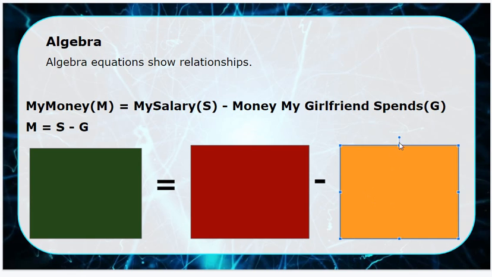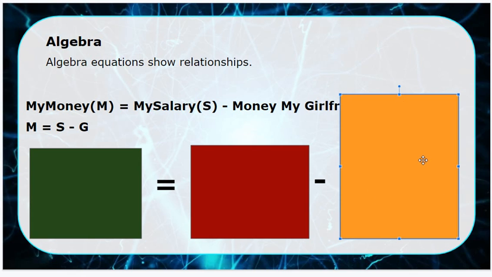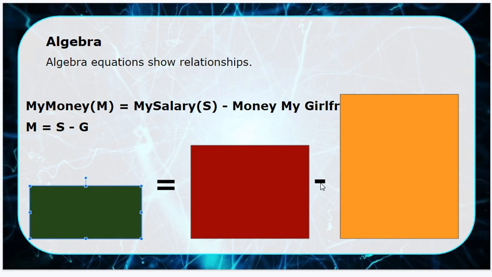What happens if my girlfriend all of a sudden starts spending more money? What's that going to do to my money? Well, that's going to make my money go down, right? And that's what this minus sign means. Is that the bigger this is, the more it takes away from my salary. Okay?